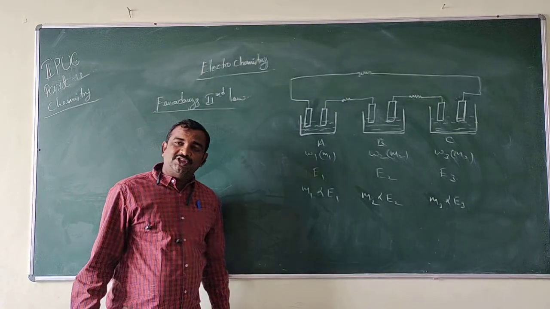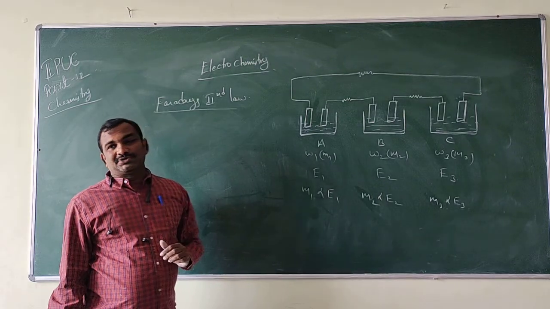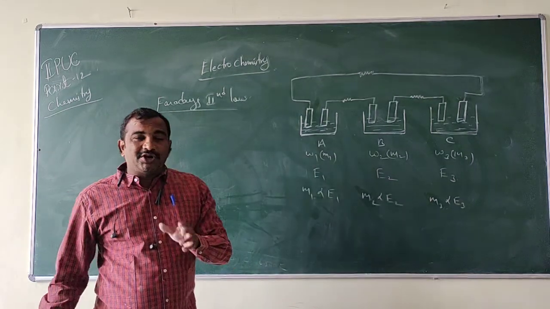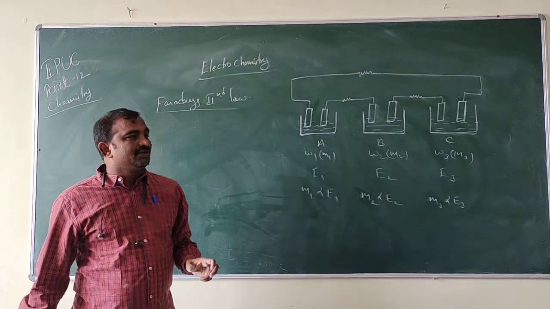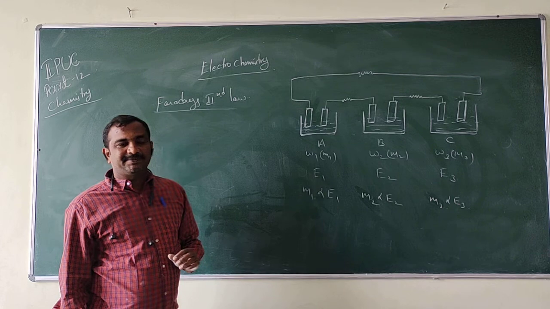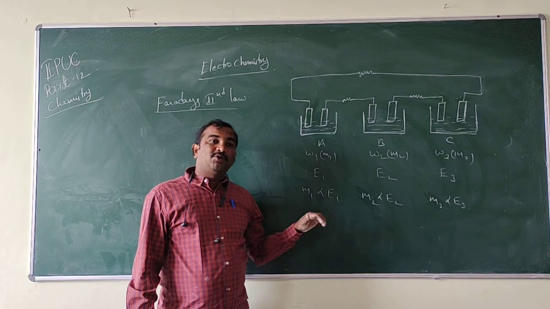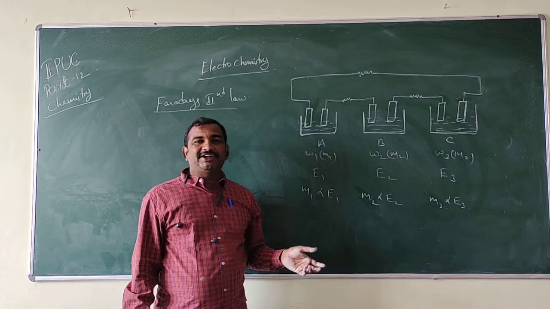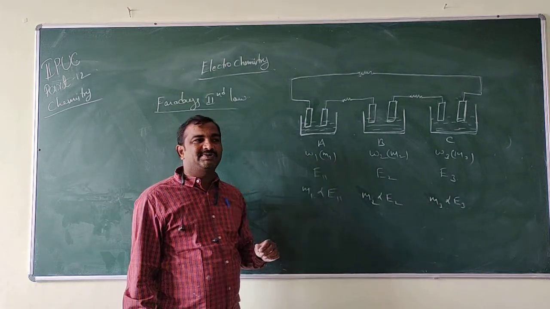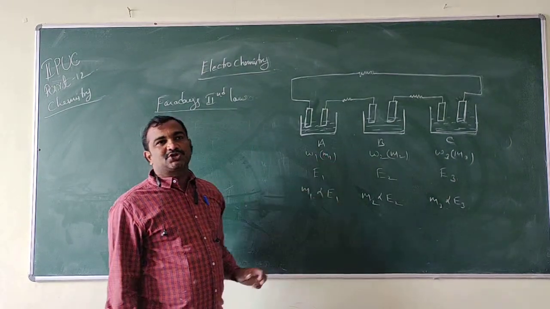This holds when the same quantity of current is passed through the electrolyte solutions. So finally, when the same quantity of current is passed through the electrolyte solutions in the three beakers A, B and C, the amount of substance liberated is directly proportional to their respective equivalent weights. That is M1 proportional to E1, M2 proportional to E2, and M3 proportional to E3.